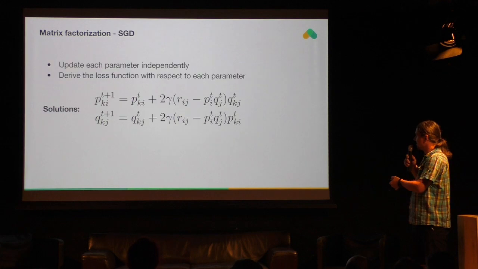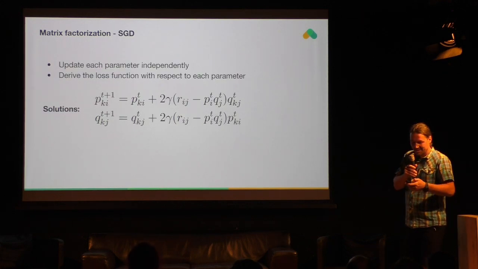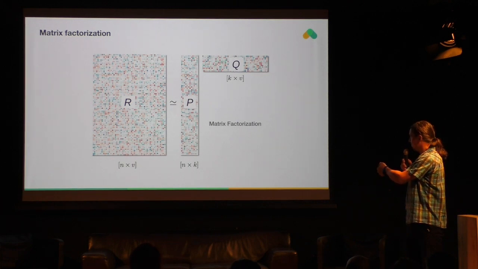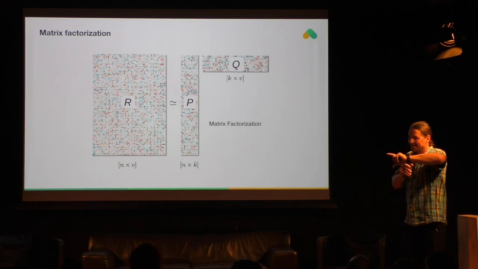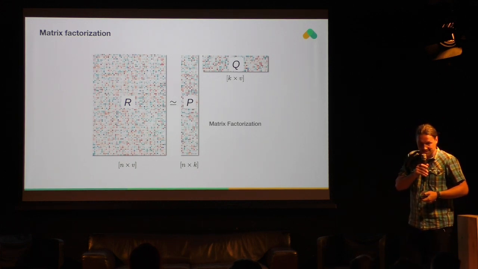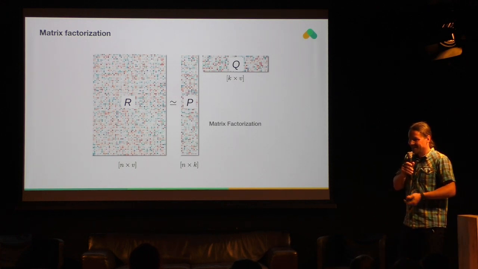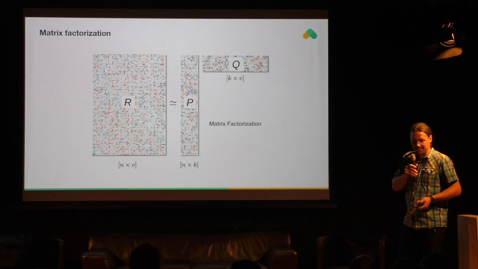This is done iteratively: you fix P, compute Q, then fix Q, compute P, and alternate this. You need a couple of iterations, like 10, to get convergence.